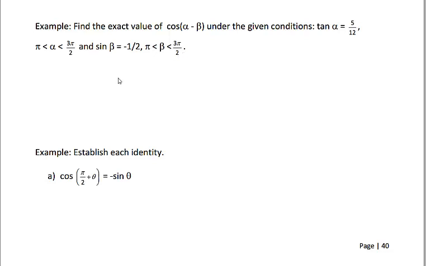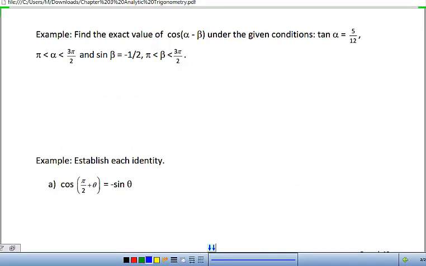Okay, so let's go on first and write out the definition for cosine alpha minus beta. Okay, we know that cosine alpha minus beta is equal to cosine alpha cosine beta plus sine alpha sine beta.